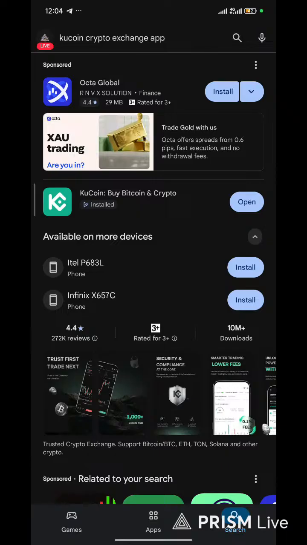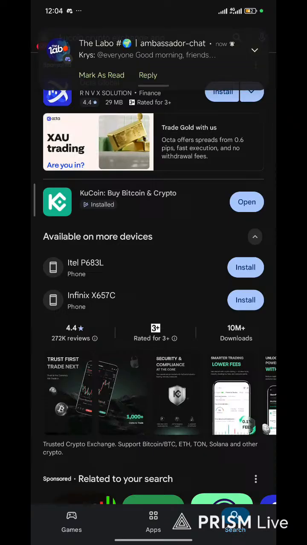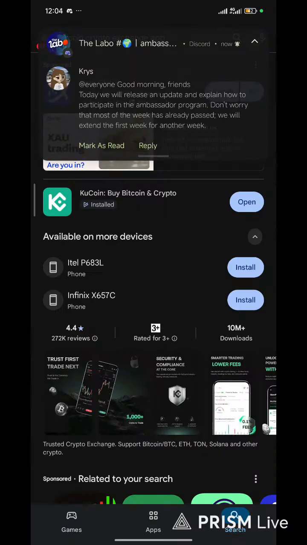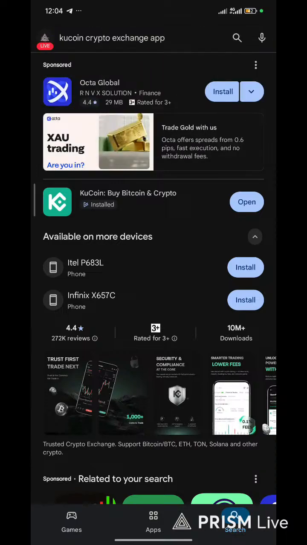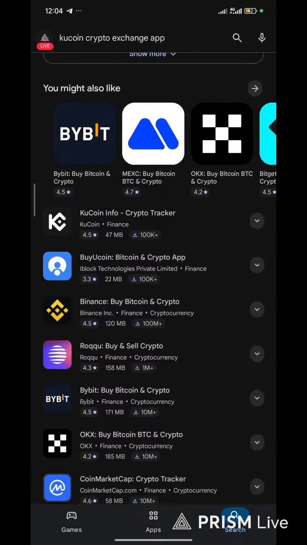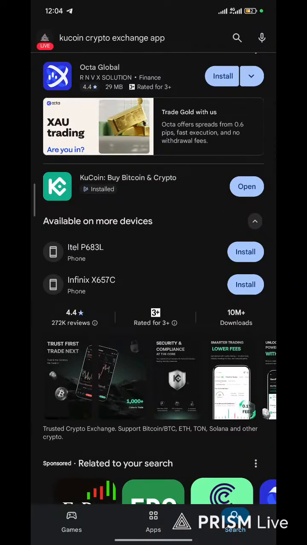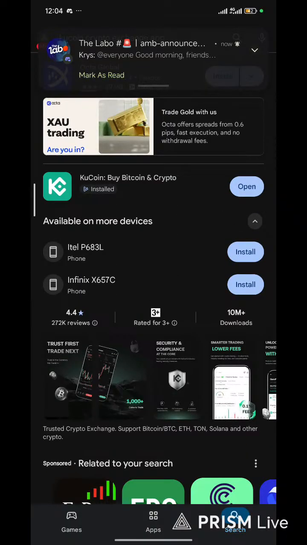You see, I've got it already installed in my device, so you do the same so that we can flow together. After downloading, you open it.